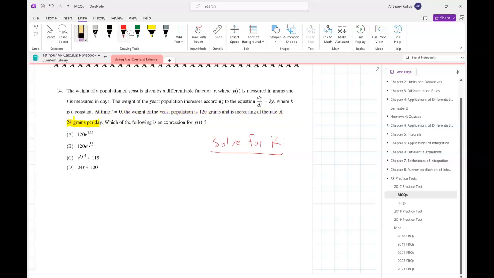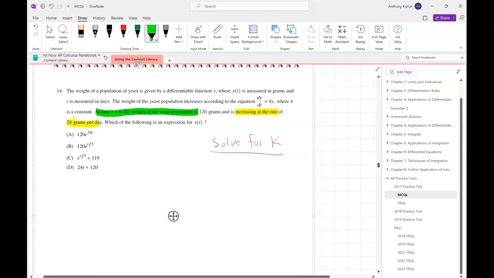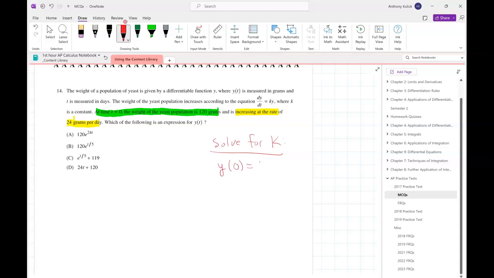This first piece is telling me about the weight of the yeast population, right? So that's y. And the second piece is talking about it increasing. That's dy/dt. And that also tells me that this is occurring when y is 120 and t is 0, right?